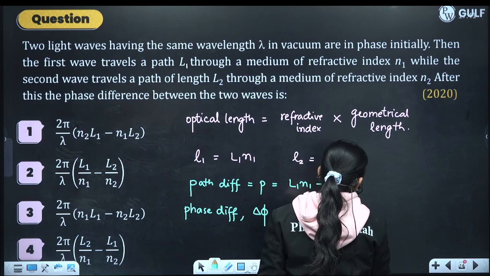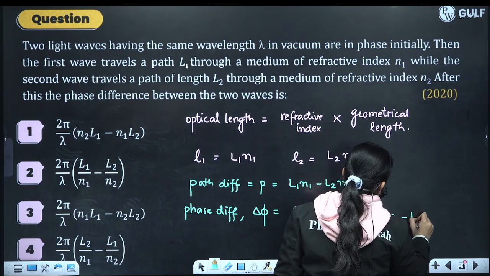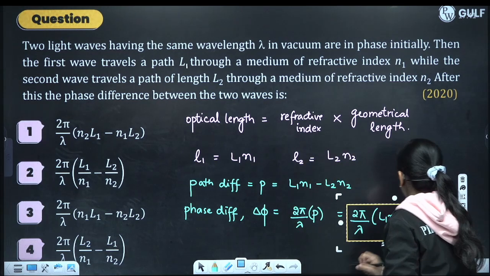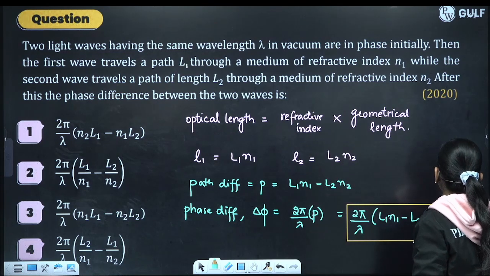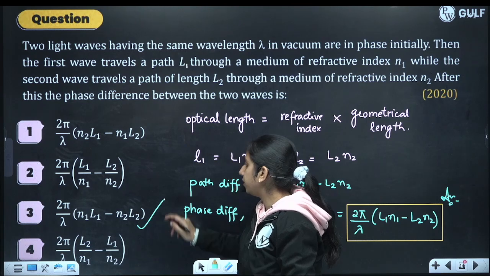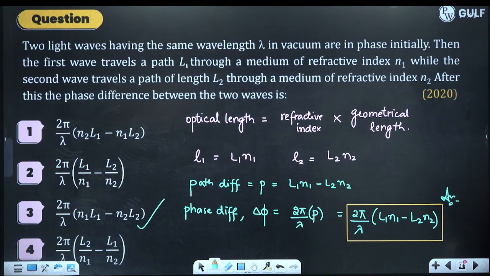So it will be 2 pi by lambda into (L1 N1 minus L2 N2). This will be the phase difference between the two waves after traveling these lengths. So option number 3 will be the answer.